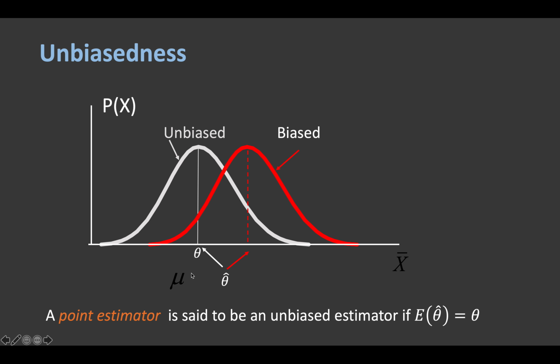So we want it to be unbiased. A point estimator is said to be an unbiased estimator if these two are the same. And that's the point estimator.